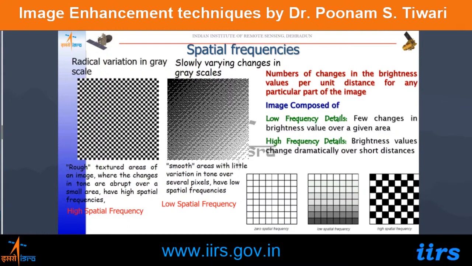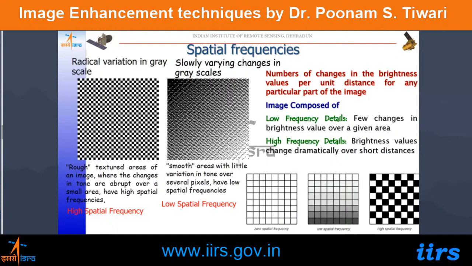If we want to define spatial frequency, it is the number of changes in brightness values per unit distance for any particular part of the image. In an image, we generally have both types of details, low frequency details and high frequency details.